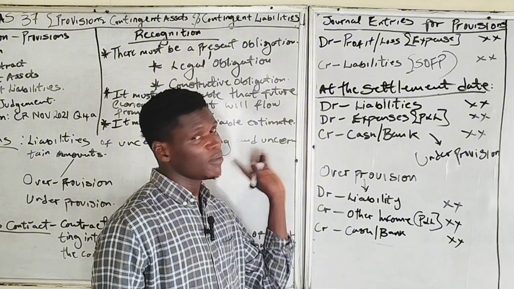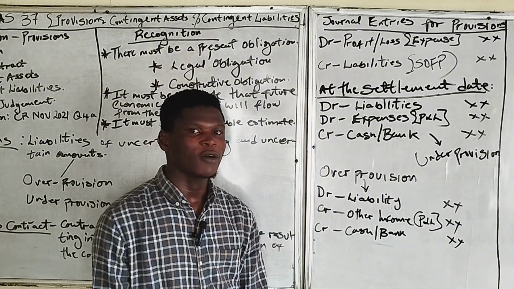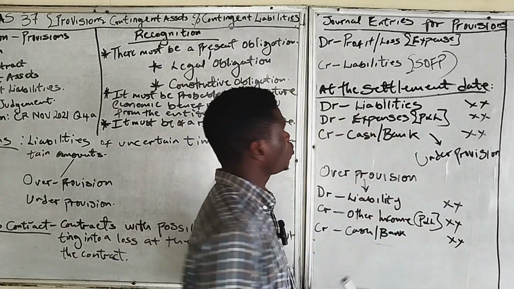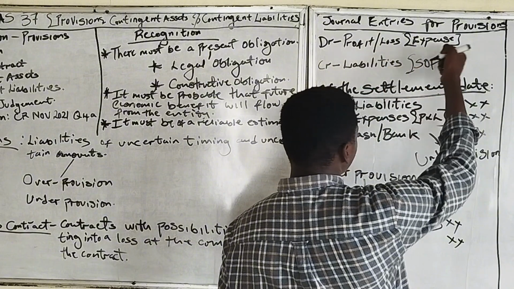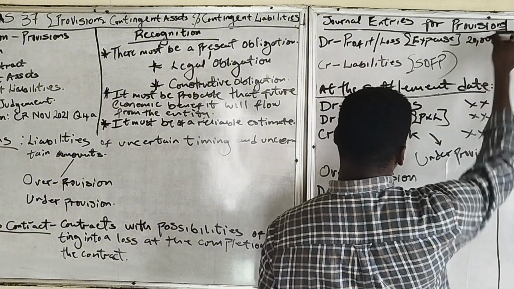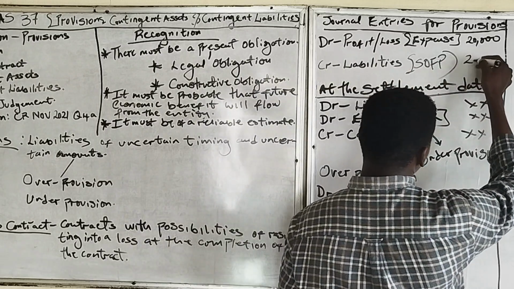We said it must be reliably estimated. So it has been reliably estimated that we will spend 20,000 for a particular court case in the future. At that stage, we will debit the provisions as an expense to P or L, 20,000. Then we will credit liabilities, which is provisions, 20,000.